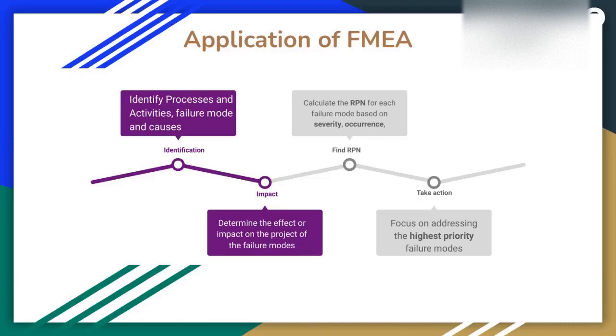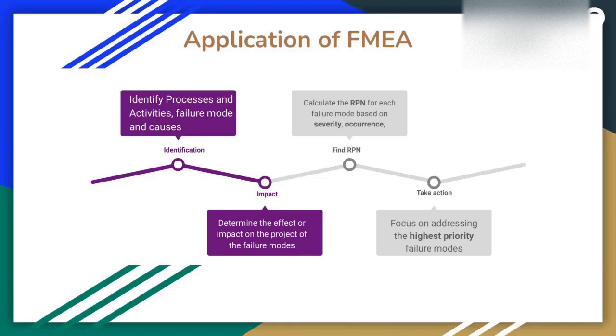Once you know all of that, once you know your failure areas, or different failure modes, then as a project team, you can do the impact assessment, right? So that's determining the effect or the impact on the project of these different failure modes. So that's step 2. So identification and then the impact assessment, right?